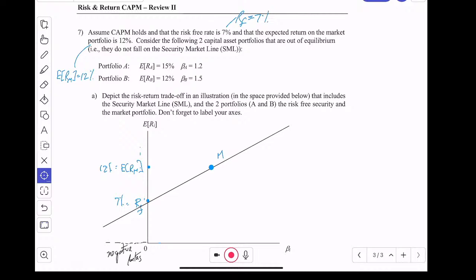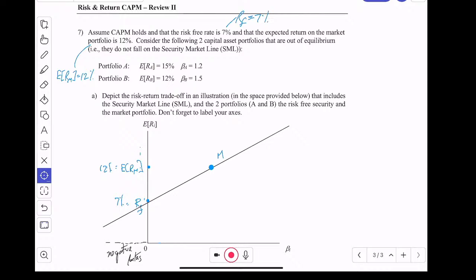M, RF, and now I want to put A and B. Now A is at 15%. So it's up here with a beta of 1.2.